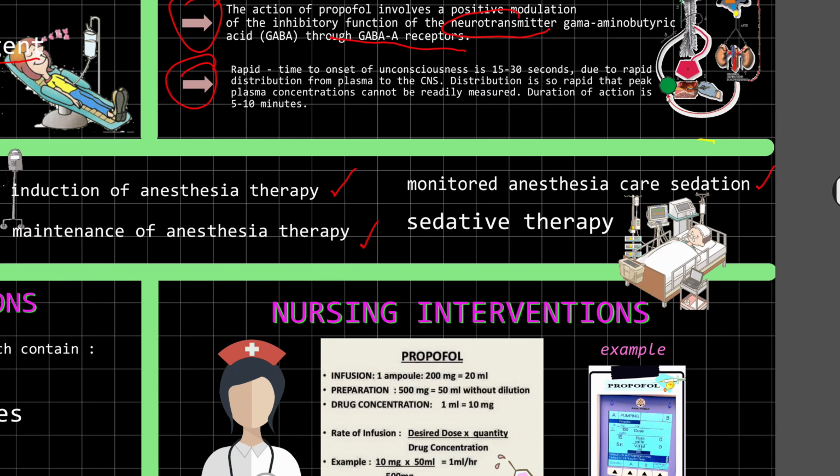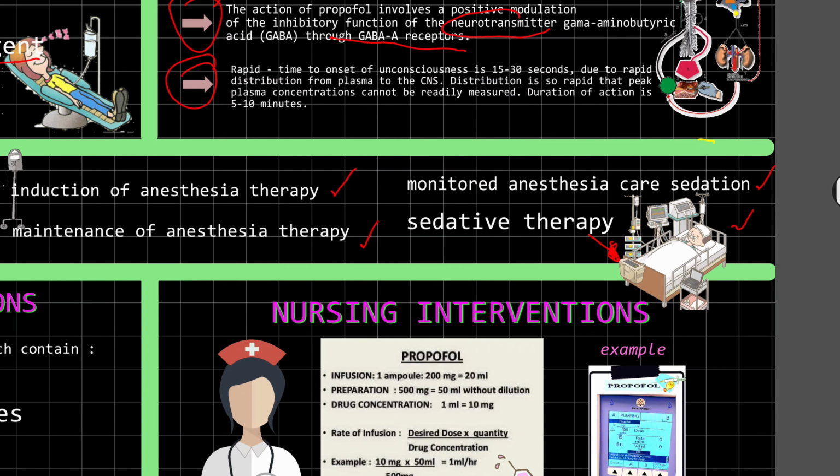And we have sedative therapy. It's basically widely used in the ICU because it's safe. Although there are some adverse reactions to propofol and danger warning signs whenever you give propofol, those are the things that you need to watch out for. We're going to tackle that later on. But propofol is widely used in the ICU as a sedative therapy.